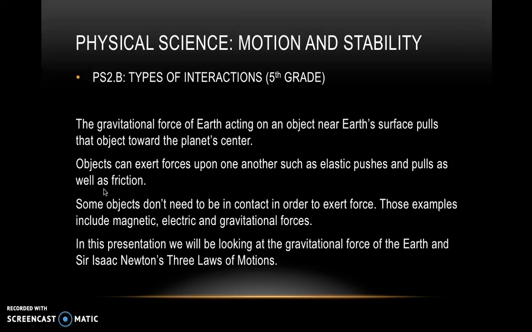Some objects don't need to be in contact in order to exert force. Some examples of forces exerted at a distance include magnetic, electric, and gravitational forces. In this presentation, we will be looking at the gravitational force of the Earth pulling objects towards its center, as well as Sir Isaac Newton's 3 laws of motion.